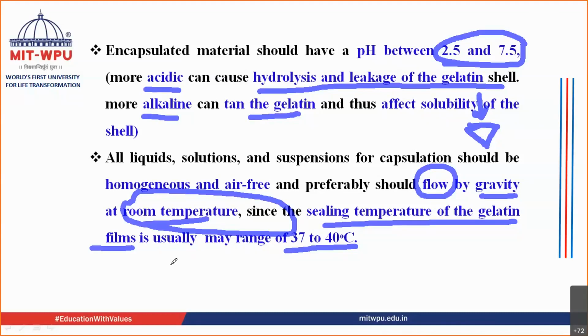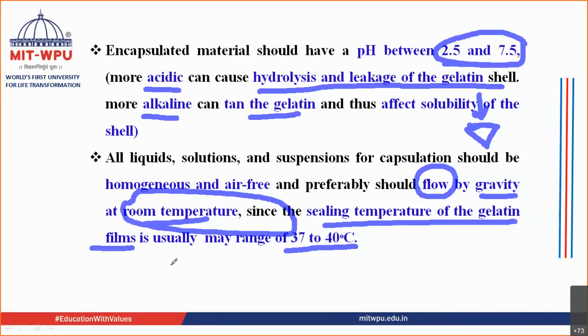We have seen that water as such, alcohol, emulsions cannot be encapsulated. Propylene glycol and glycerol, which are plasticizers, cannot be encapsulated as such, but you can use them at 10%. Water and alcohol you can use at 5% as a co-solvent, but they cannot be directly encapsulated.